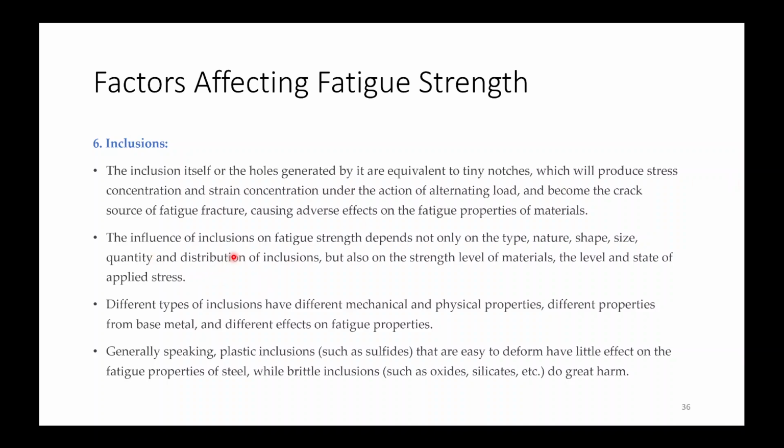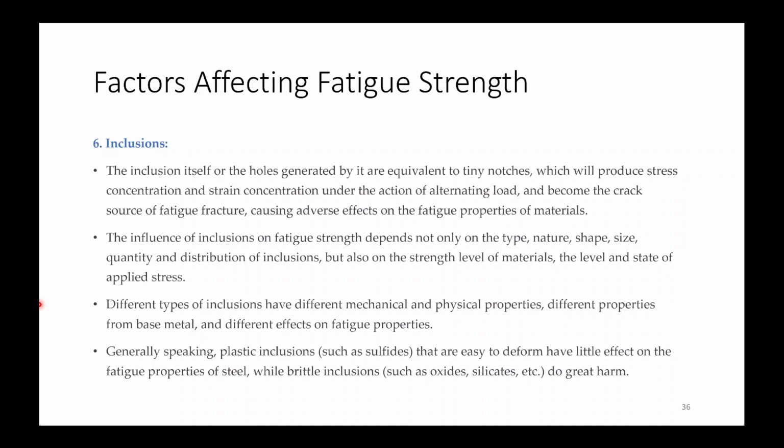Now, the influence of inclusions on fatigue strength depends not only on the type, nature and shape, size, quantity and distribution of inclusions, but also on the strength level of materials and the level and the state of applied stress.